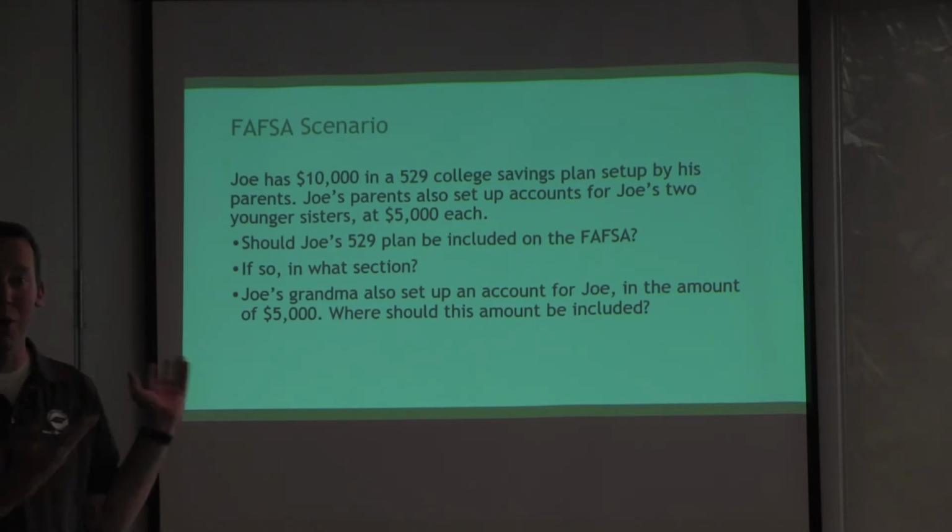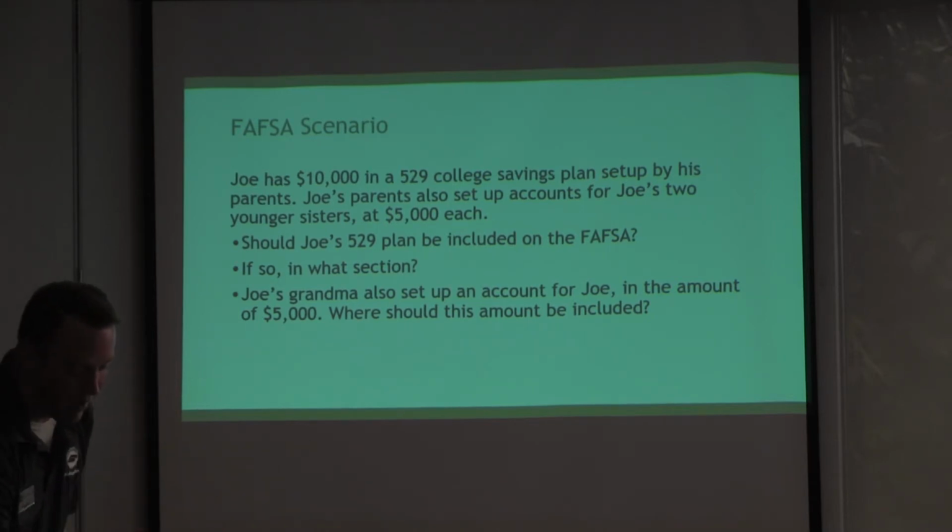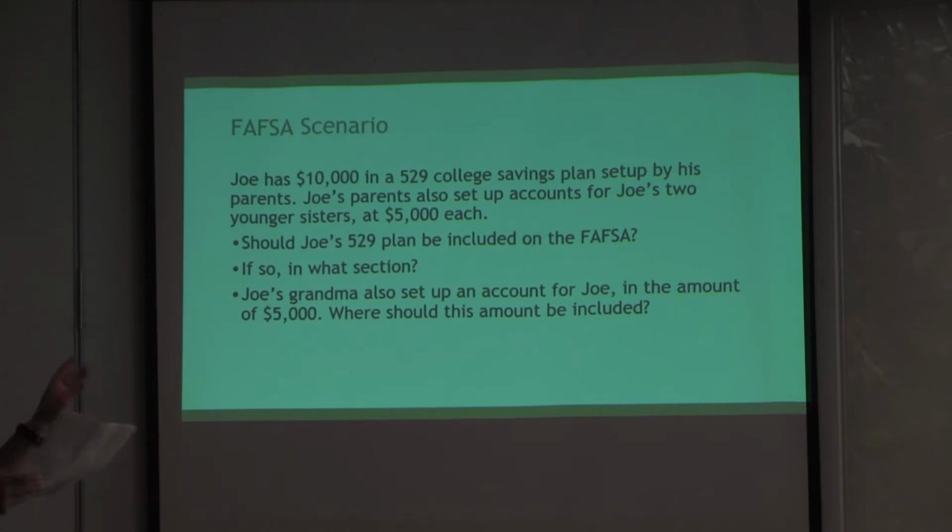Apparently Joe's parents like Joe better than the sisters. Okay, should Joe's 529 be included on the FAFSA? Yes. Yes? Under his parent section. Parents. Good. So Joe's grandma also set up an account for Joe in the amount of $5,000. Where should that amount go? No. Good. So it doesn't go on there yet.